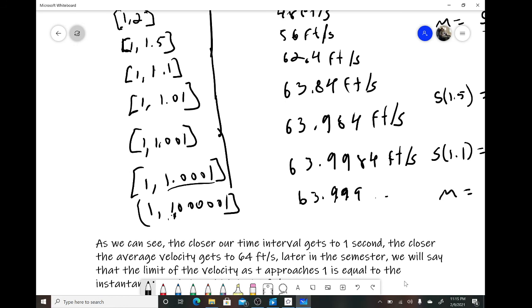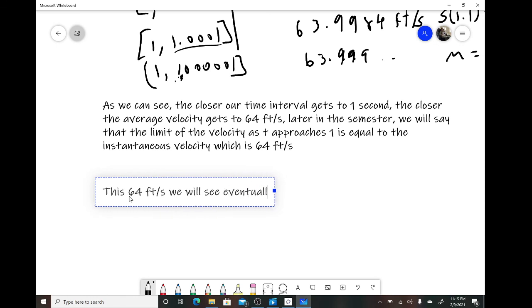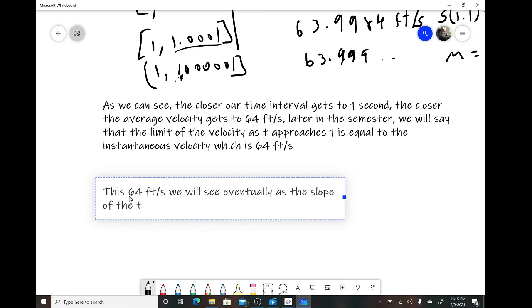Okay? Now, I just want to mention, I know I already mentioned it, but this 64 feet a second we'll see eventually as the slope of the tangent line at t equals 1.